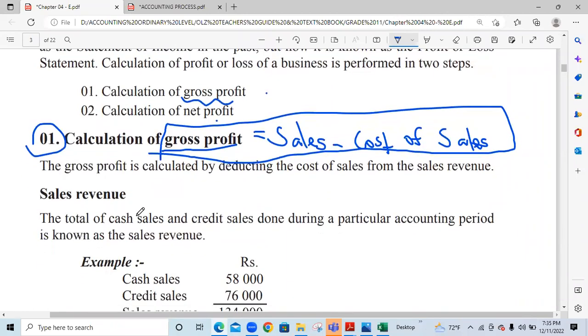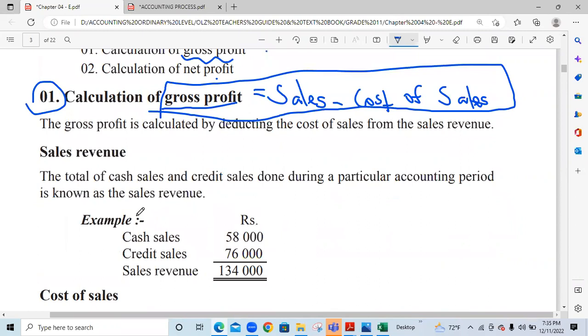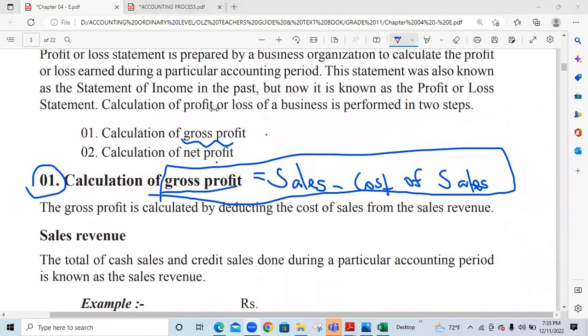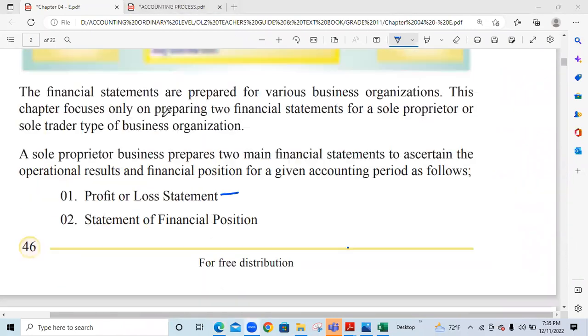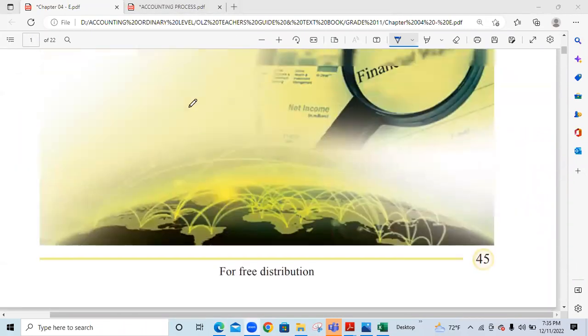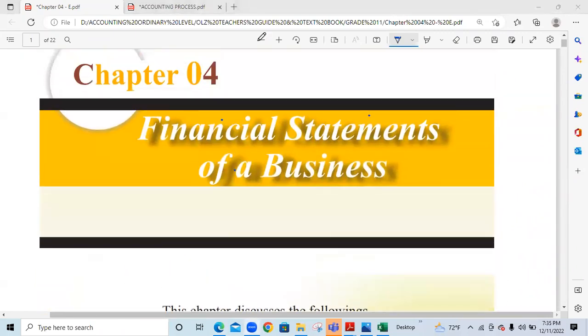Okay, done. Can I continue? So guys, the first step when it comes to the statement of profit or loss is that you have to calculate gross profit. First of all, write the main heading, financial statements of a business.